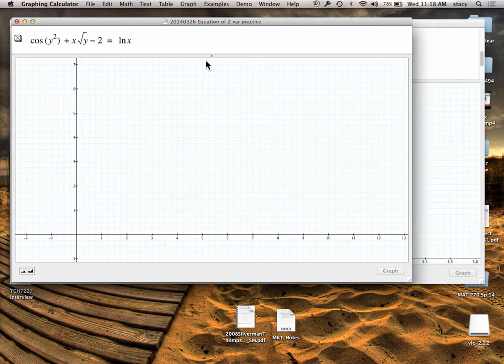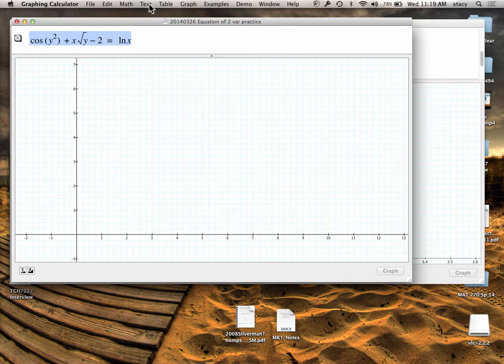Question? The square root is just over the y. Mm-hmm. Question? Is the negative 2 part under the radical? Nope. It's kind of hard to see. Is that hard to see? Do you know how to change the size?